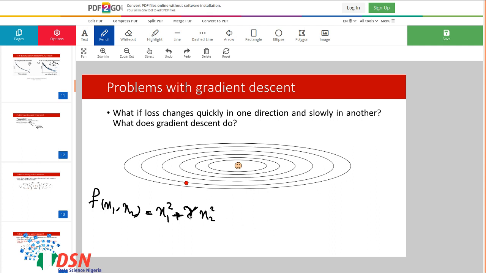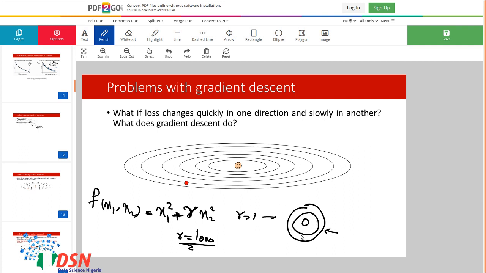If you use a large gamma, let's say 1000, then you have something like this. For gamma equal to 1, you have perfectly circular contours, right?